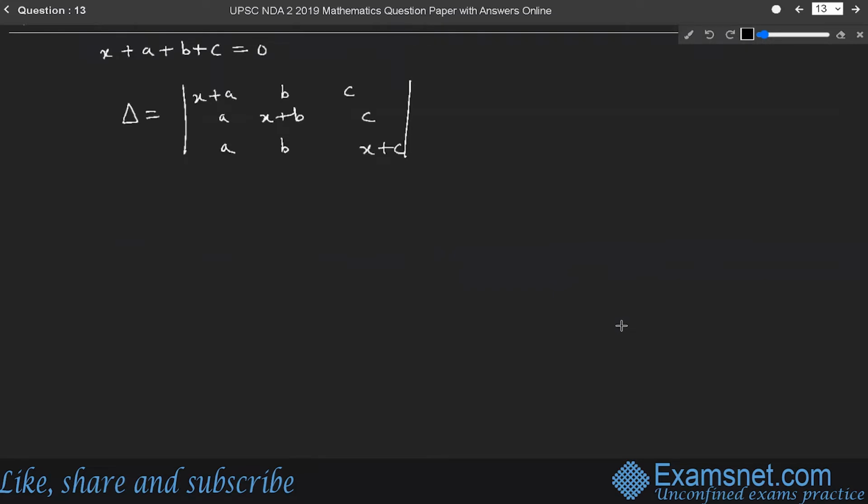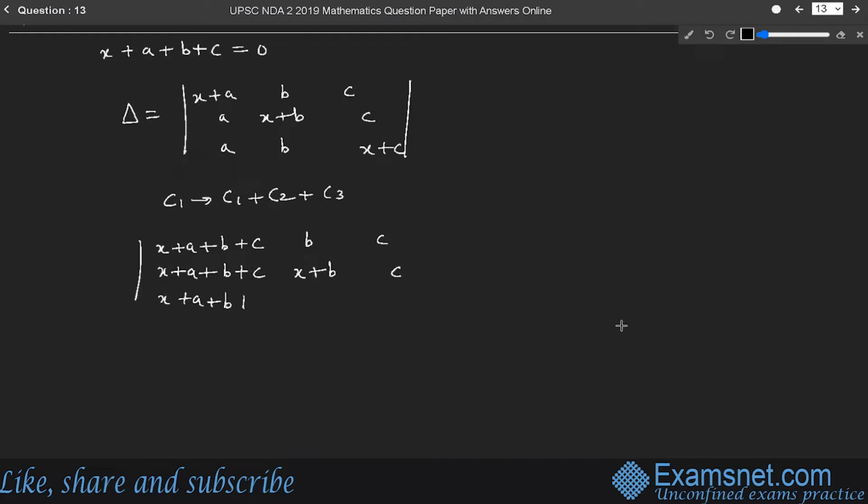Now, applying C1 tends to C1 plus C2 plus C3, we get x plus a plus b plus c, b, c, x plus a plus b plus c, x plus b and c, and x plus a plus b plus c, b and x plus c.